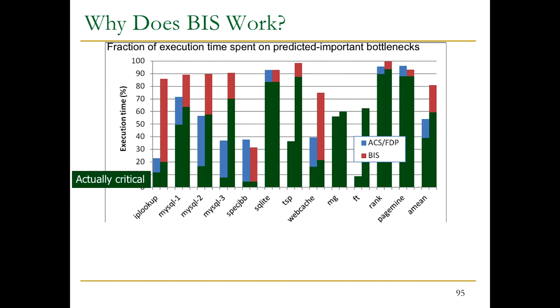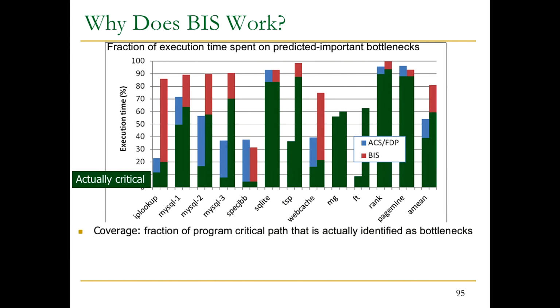So the green parts. Basically, with accelerated critical sections or feedback-directed pipelining, you're covering about 39%. Basically, coverage is the fraction of program critical path that is actually identified as bottlenecks. About 39% of the program critical path is executed over here on the large core. And with something like bottleneck identification and scheduling, you're increasing that. Basically, the coverage of critical path increases.